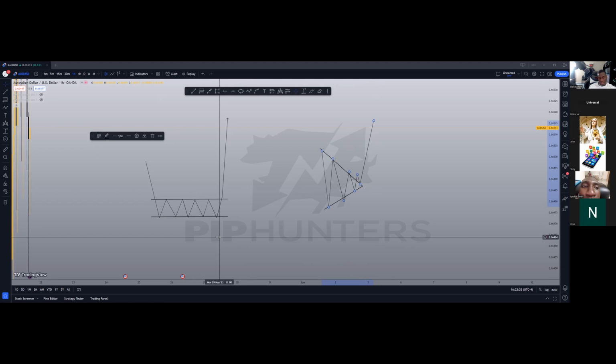And this is called a symmetrical triangle. So with a symmetrical triangle, you go either buy or sell just upon the breakout, the break and retest. Wherever level it does the break and retest, you could either buy or sell.